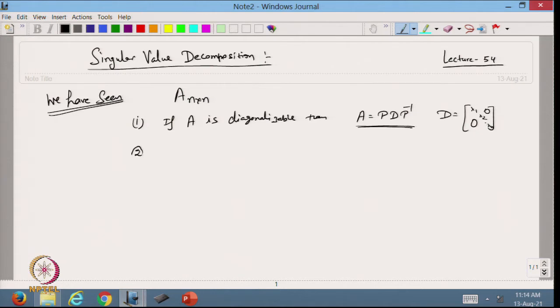Now, the second thing is that if A is symmetric, then I can write A as S, S stands for symmetric. Then we can write S as Q D Q transpose, where Q is an orthogonal matrix.